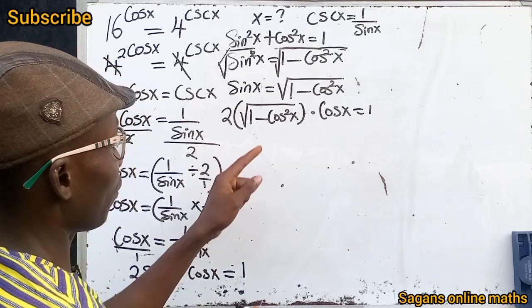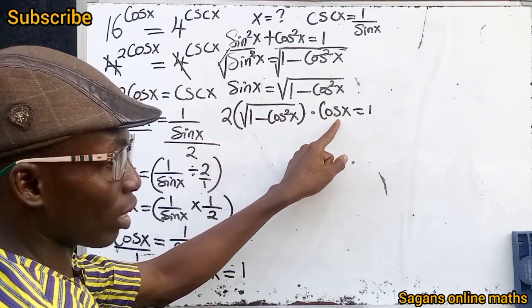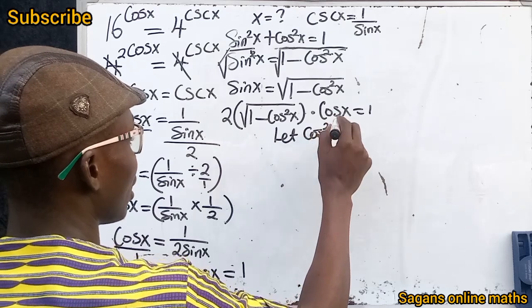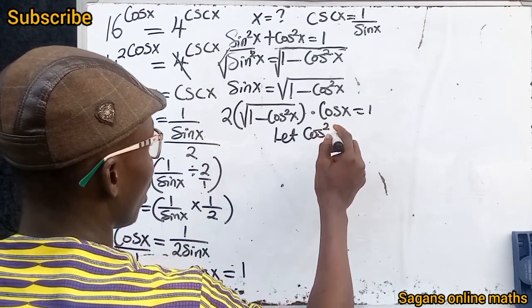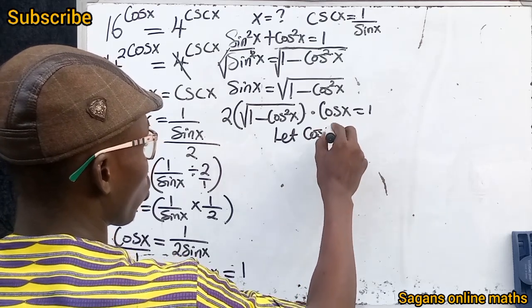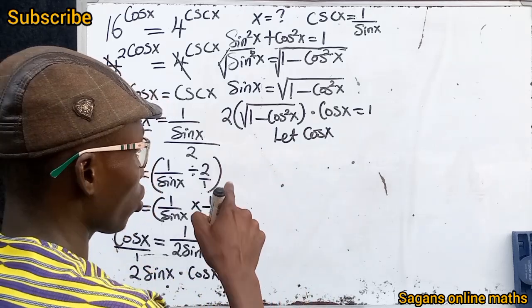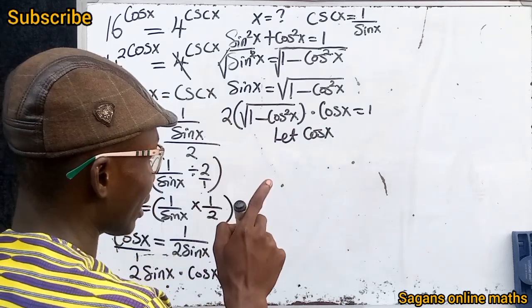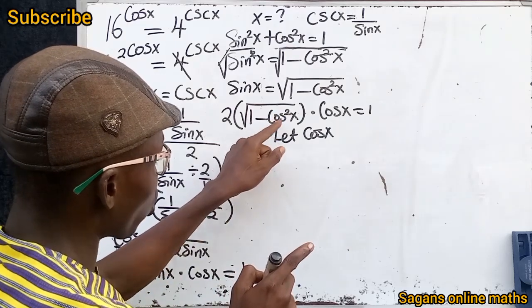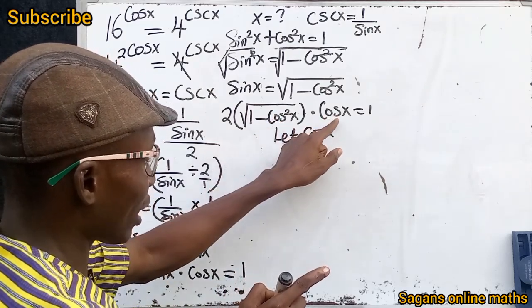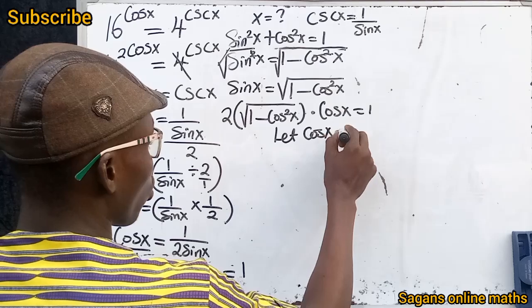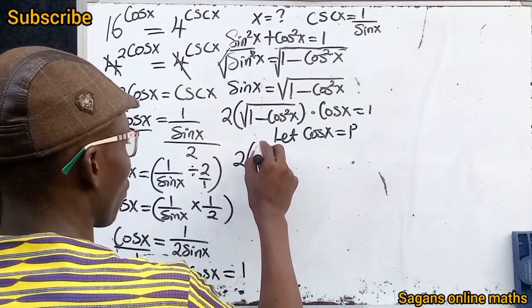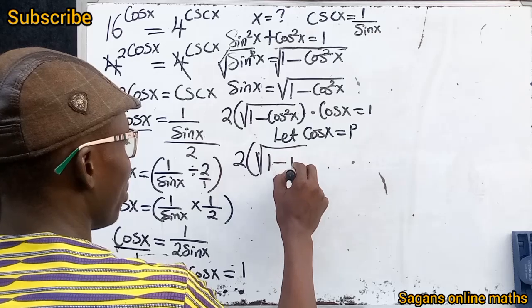We have cos square x here, and we have cos x. What is common is cos x, so let cos x equal p. So now this is 2 into the square root of 1 minus p square.